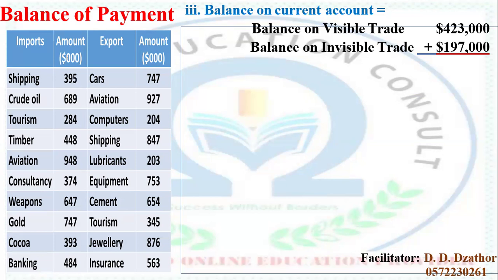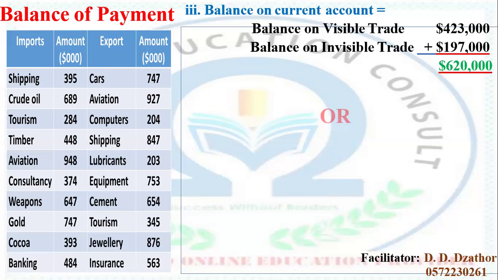So we mentioned that balance of visible trade simply is the difference between visible export and visible import. Then the balance on invisible trade is the difference between invisible export and invisible import. We found these items. So once we find these items, then we put them together. Once we put them together, then we get the balance on current accounts. So that gives us this amount of money.